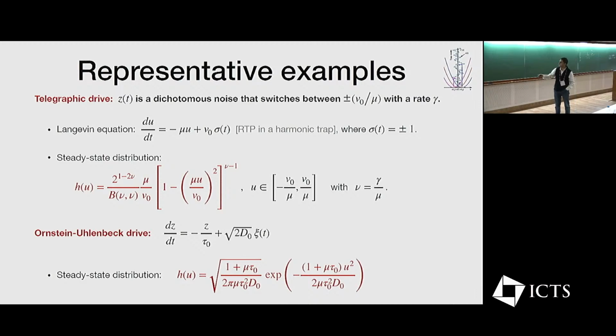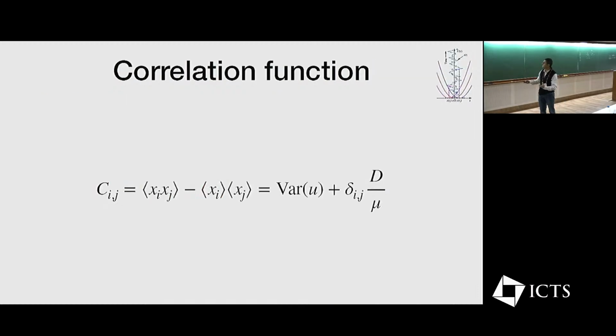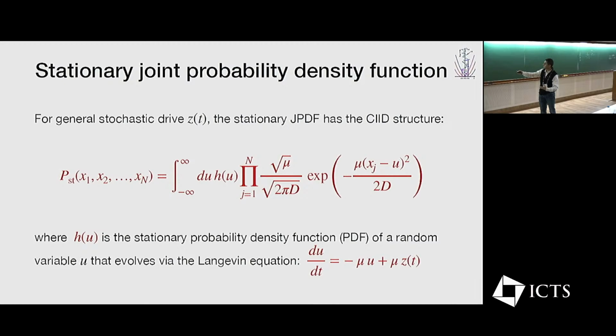This is the h of u for this process. You can also take z to be an unstable process, and then the steady state of h of u is given by that. You can take your favorite example for z, and it will generate a new h of u. The point is that for any h of u, we have a structure given by this.